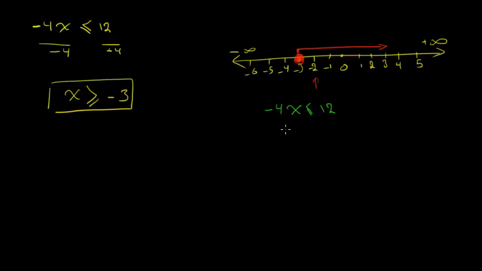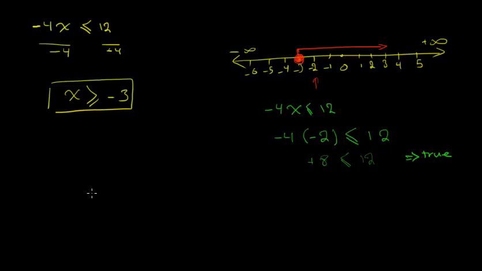We substitute minus 2 for x, and minus 4 times minus 2 is less than or equal to 12. Negative 4 times negative 2 is positive 8, less than 12. So this is a true statement.